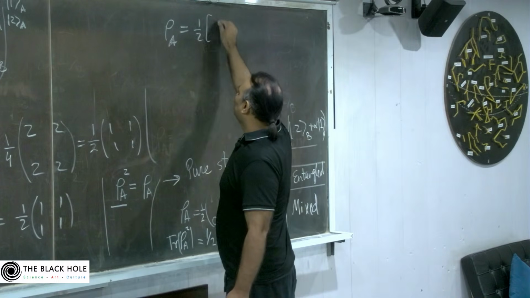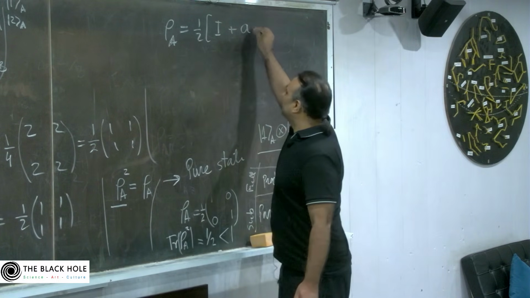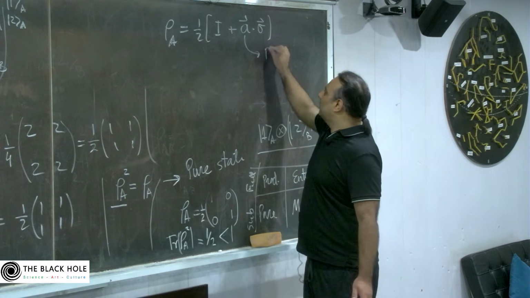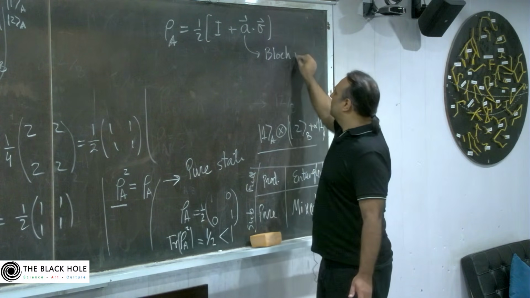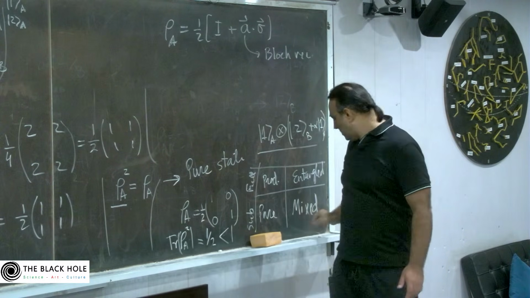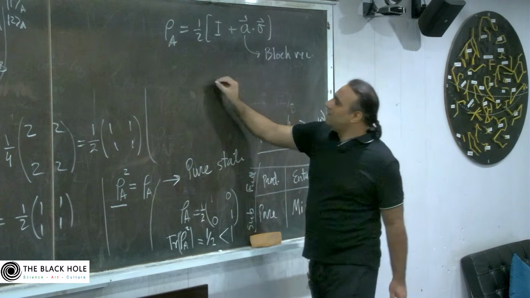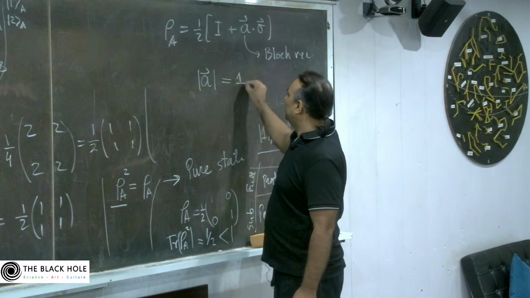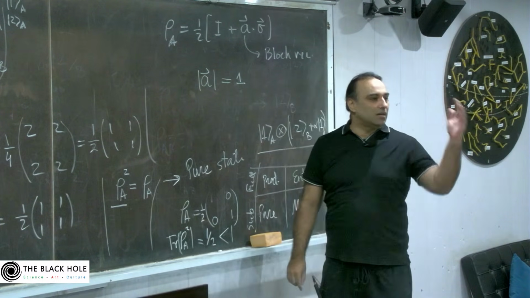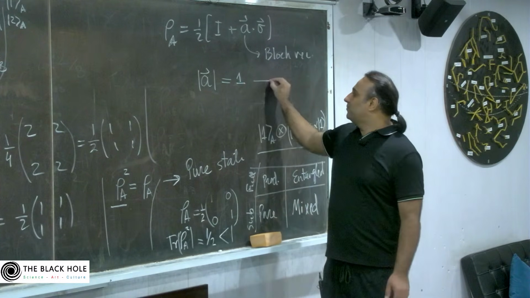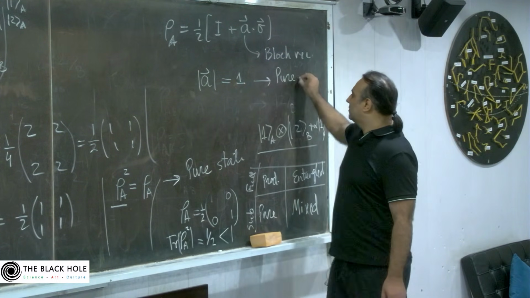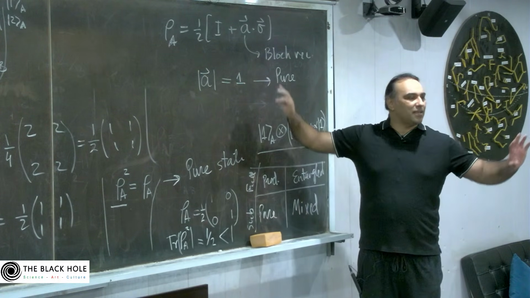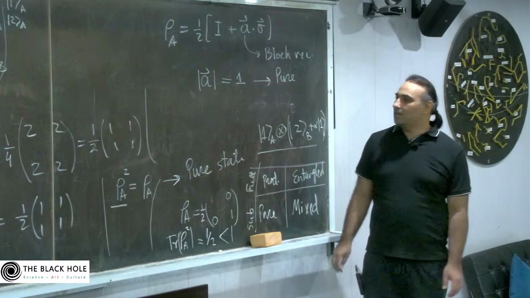So this is your Bloch vector, and the length of this Bloch vector, if it's equal to 1, then your state is on the Bloch sphere, then it's pure. That means it's not entangled with anything in the universe.